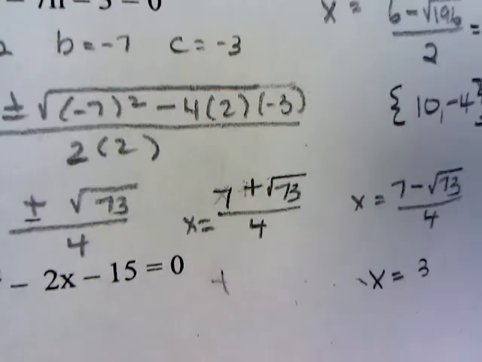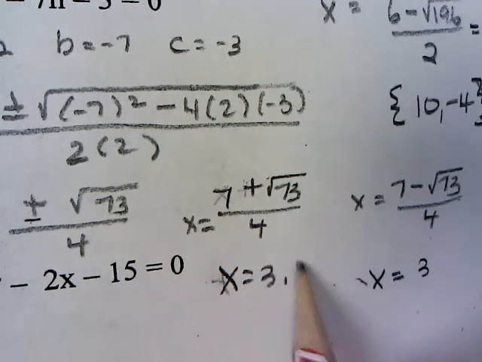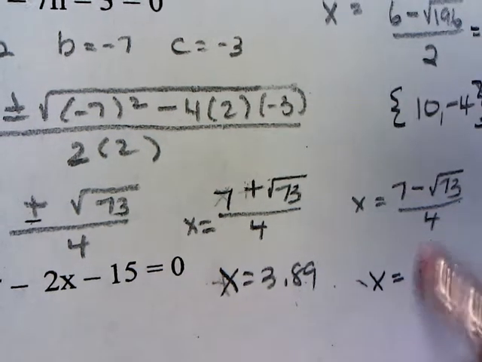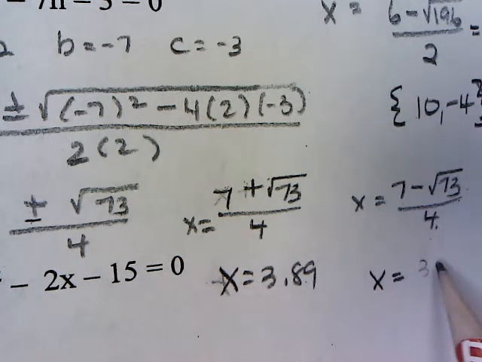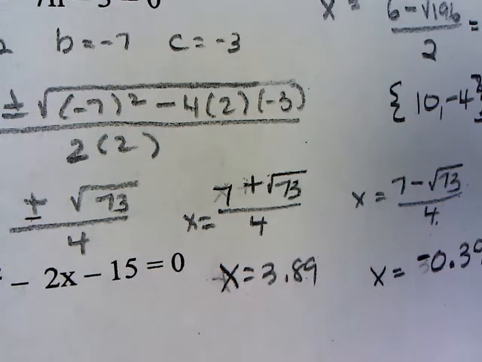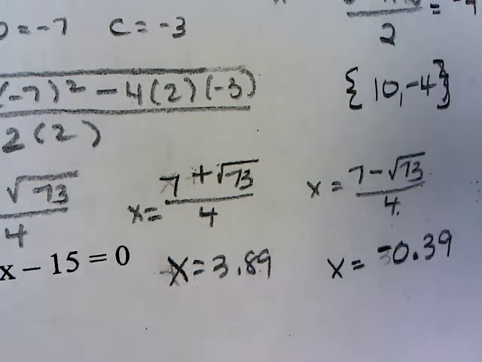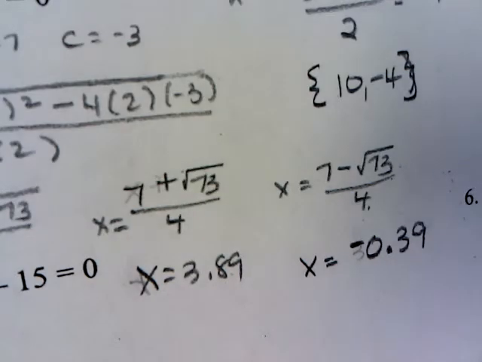Sorry. When I do 7 minus the square root of 73 divided by 4, rounded. So I have ugly answers, and I'm going to have to round them because I have an irrational number there. Big deal. We can do decimals and we can round.